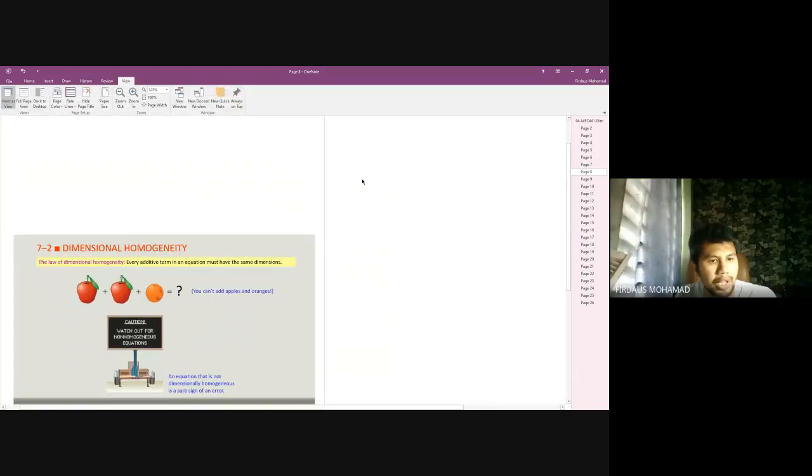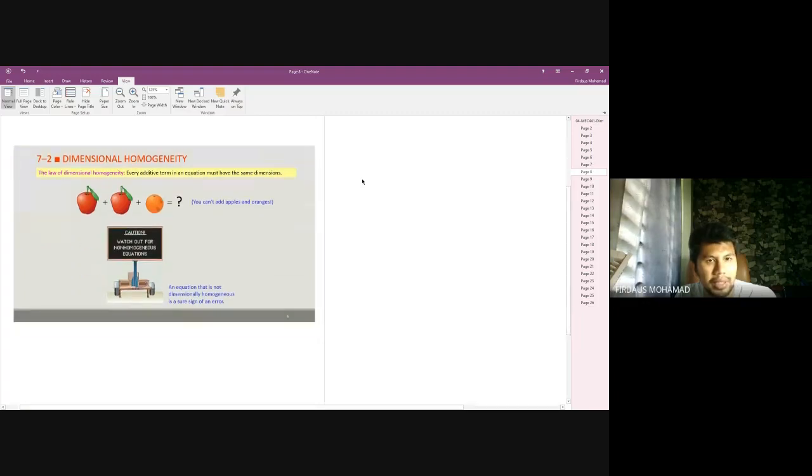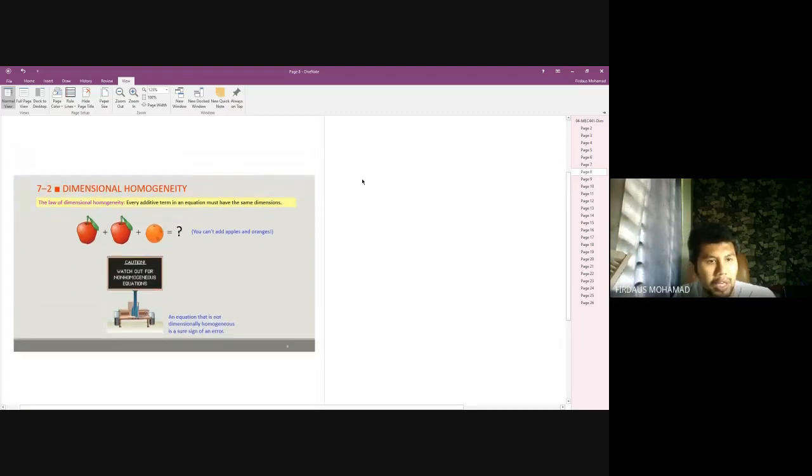Okay, so dimensional homogeneity. So basically dah explain untuk chapter 1. Dimensional homogeneity basically it is common untuk equation. Dia kena sama, kiri sama dengan kanan. Kalau tak sama, dia tak akan jadi equation. Okay, so contoh Bernoulli equation, kita ada 3 terms.